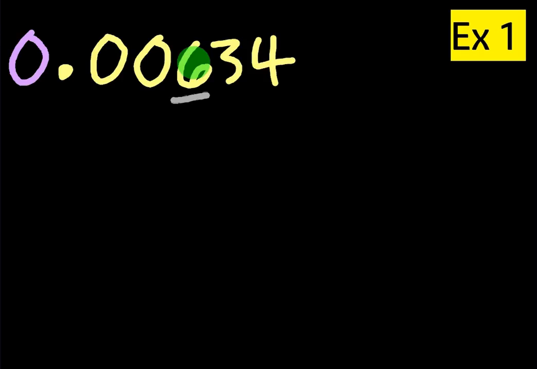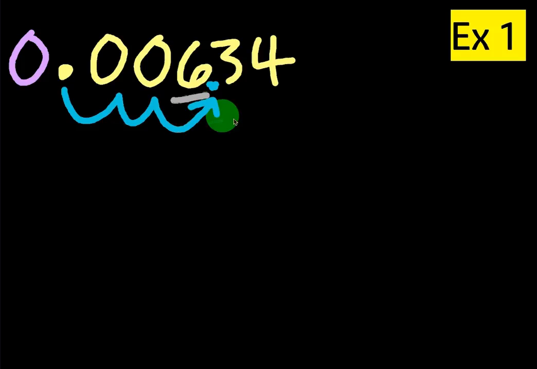So that's what we're going to do. We're going to draw arrows from where our decimal point is. 1, 2, and you can see it takes 3 hops to move our decimal point to the right of that first non-zero digit. So just to reiterate, we've taken our original decimal point, we've went 3 units to the right, and we've placed it to the right of our first non-zero digit. So always place it to the right.